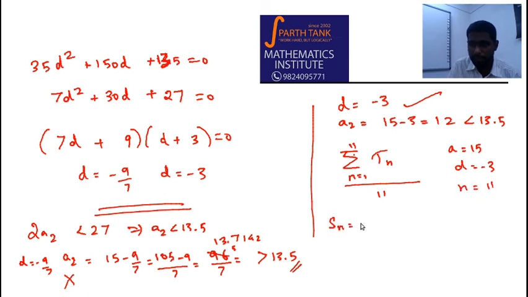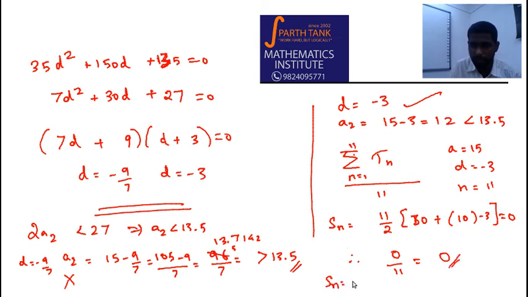The sum of n terms formula gives us 11 by 2 into 15 into 2, so 30, plus (n minus 1), so 10 into d, which is minus 3, which becomes 0. Therefore, the answer is 0 by 11, which is 0. Remember, S_n, the formula that we have used is n by 2 times (2a plus (n minus 1)d).